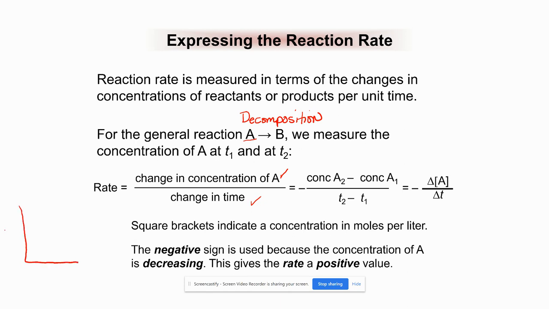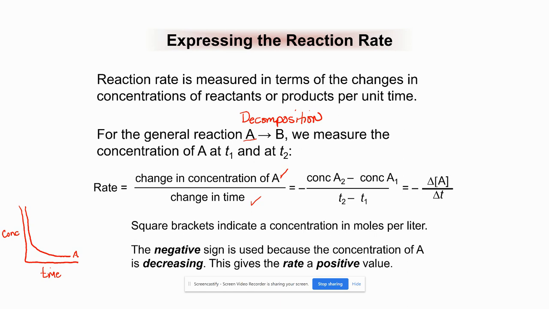This one's not so great, but there's concentration and here's time. If we start off, let's say, with a certain amount of A, over time, as it decomposes, it's going to decrease, right? And so A is going to get smaller. The amount will get less.